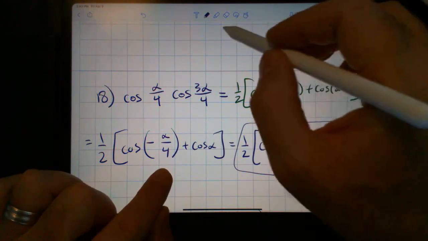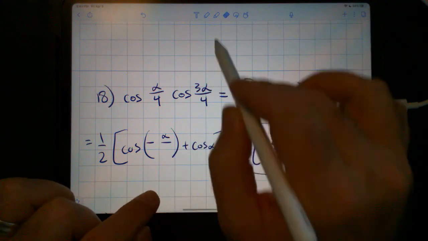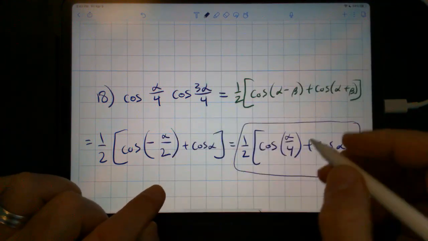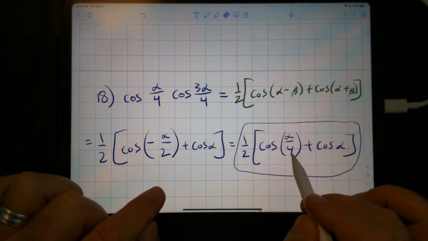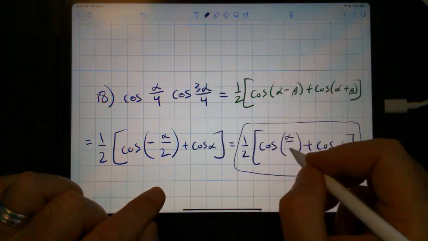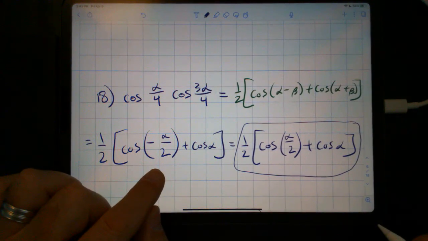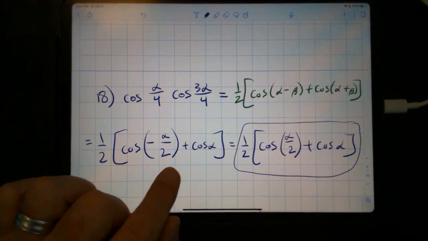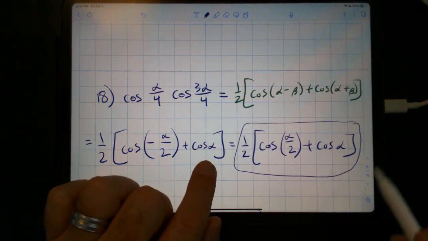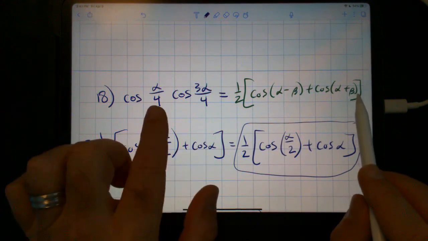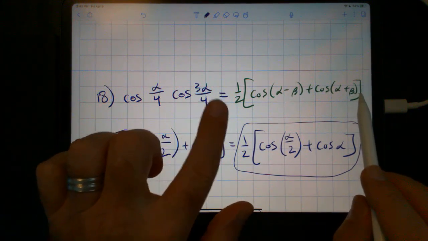This would be alpha over 2. Plus cosine alpha, because when you add the two, you have 1/4 plus 3/4 is 1.